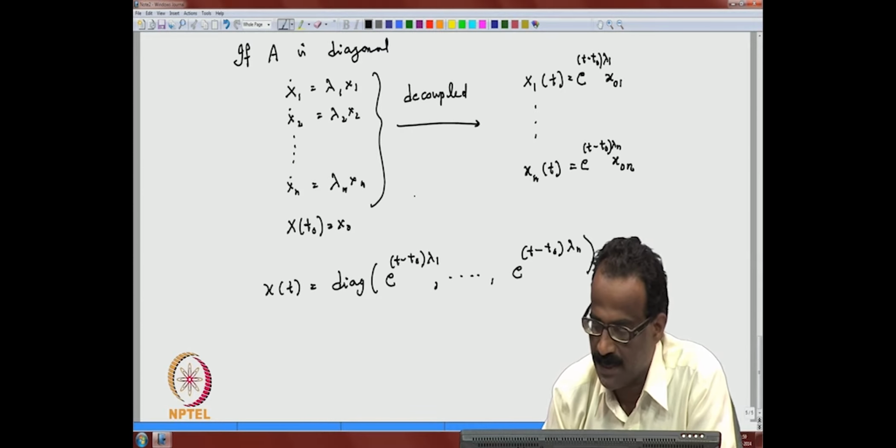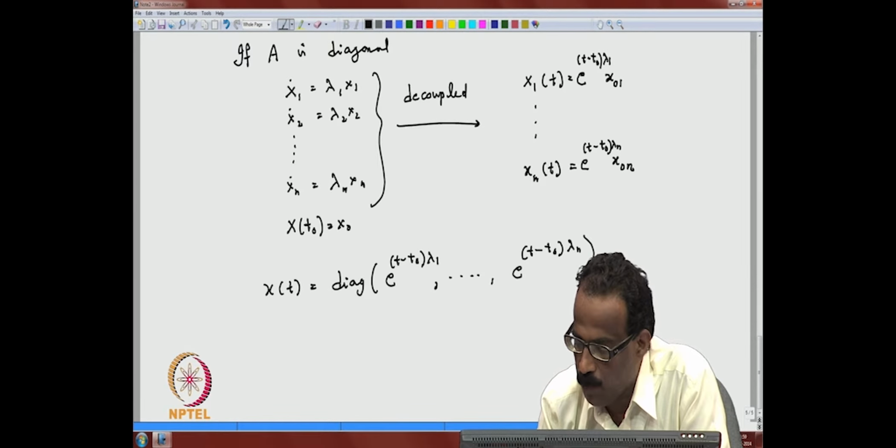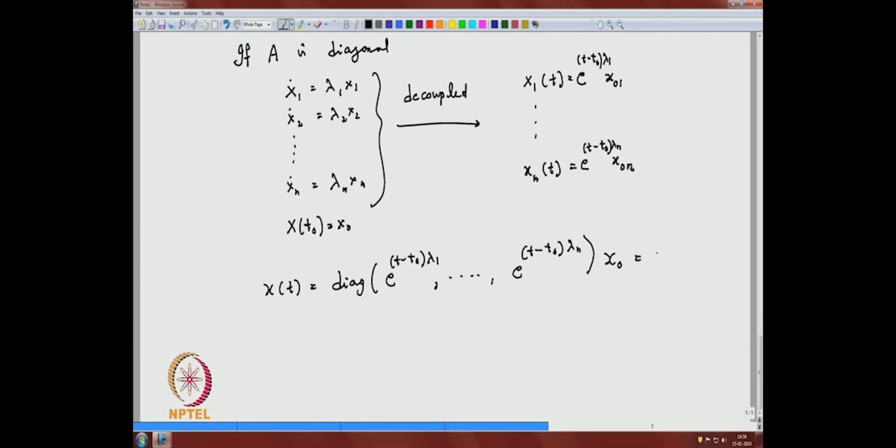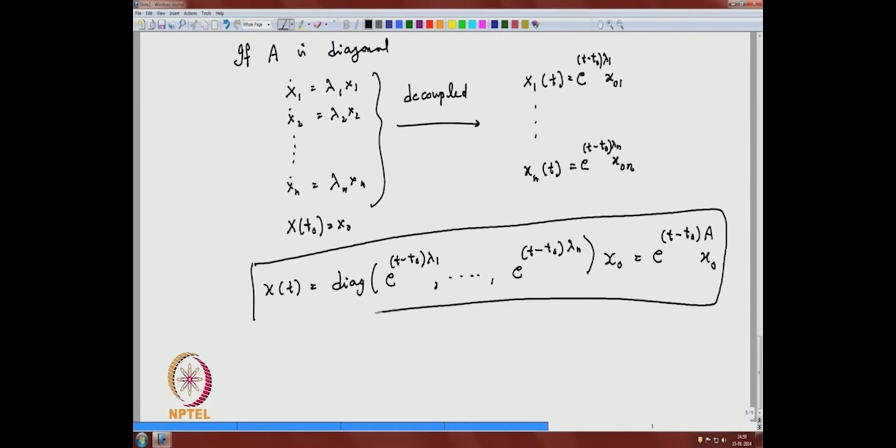This is a matrix operated on x naught. That is nothing but e power (t minus t naught) A into x naught, you see. So, you have your complete solution if A is a diagonal matrix.